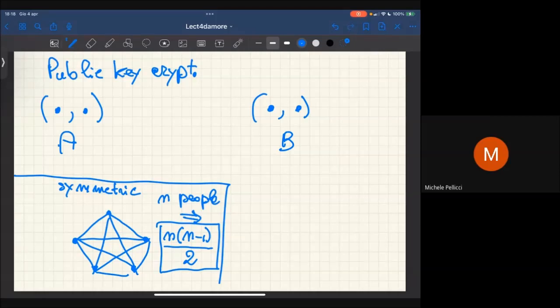So this approach is letting people manage a smaller number of keys. What we should remember is that every single user is having a unique pair of keys. Okay, this should be important.